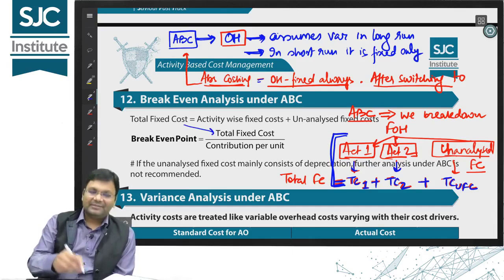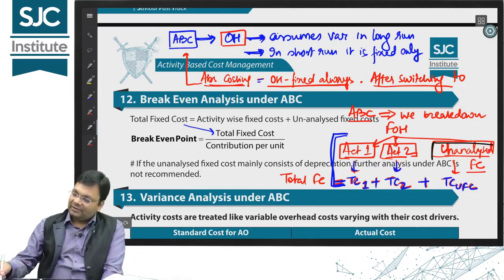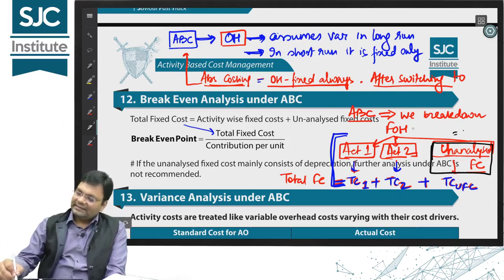Many times it happens that a question may say that this unanalyzed fixed cost is a certain amount. For example, say here it was 10 lakh and still unanalyzed fixed cost is rupees 7 lakh. Say in that question it is written that unanalyzed fixed cost is rupees 7 lakhs.